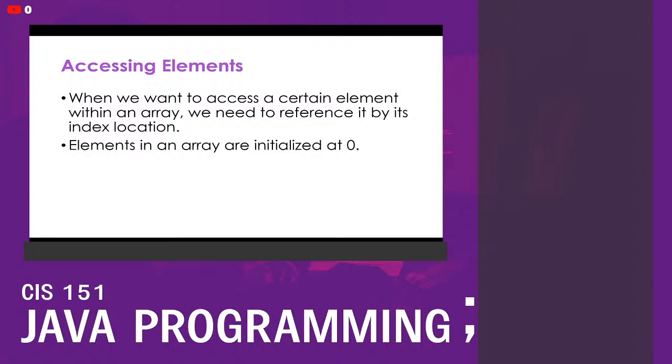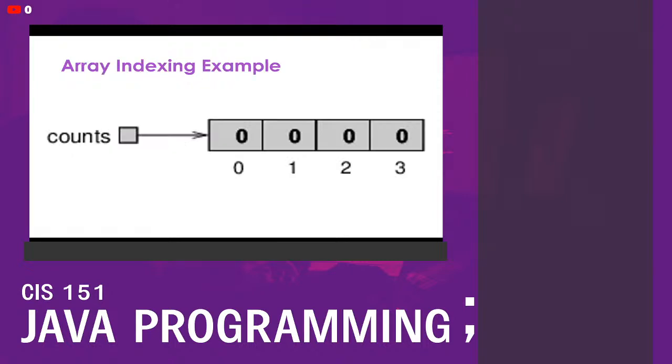So let's have a look at this array indexing example here. So we have this counts container, right? You can think about this as, we created this counts array, and then we initialized it with these 4 integers in it. So we've created these 4 containers in it.